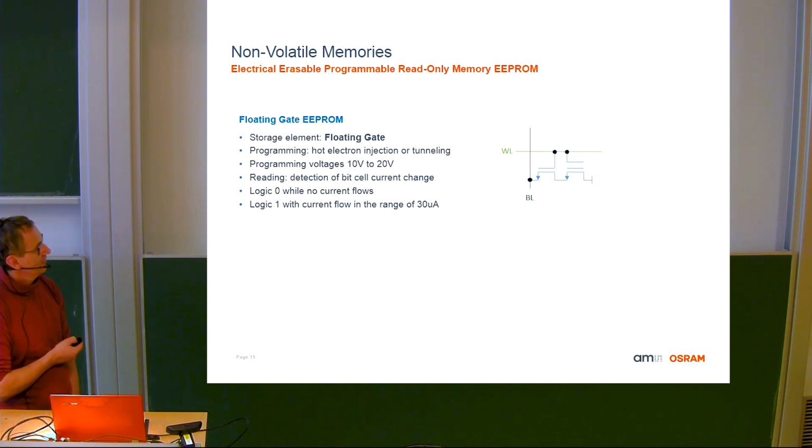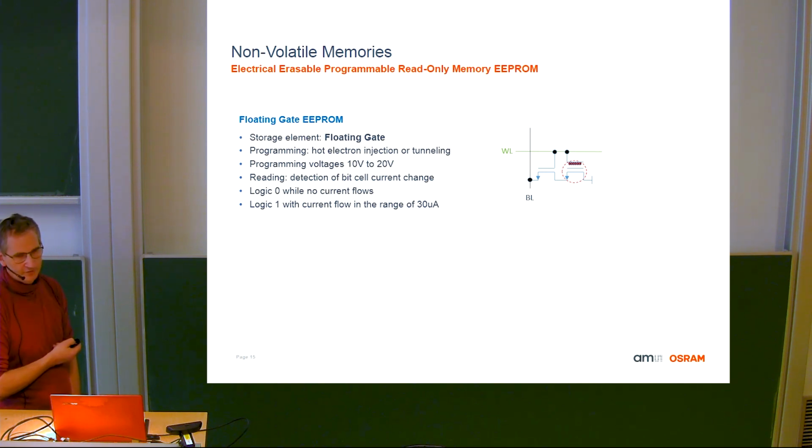And you use this coupling capacitance to apply a certain voltage on this terminal, which is then introducing some electrons into this terminal. And then they are there. Once you remove the voltage, there is no force to kick the electrons out from this tunneling, and they stay there. And if you build a good isolator around it, they will stay there for a long time. So that's the tricky part, to really get these electrons onto this floating gate and store them inside.